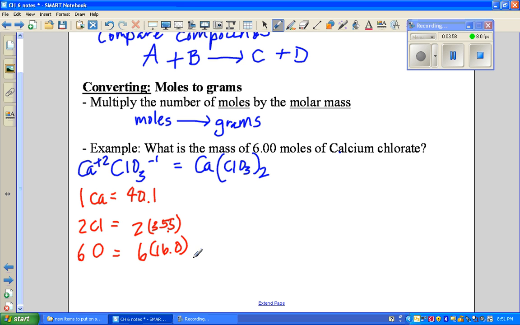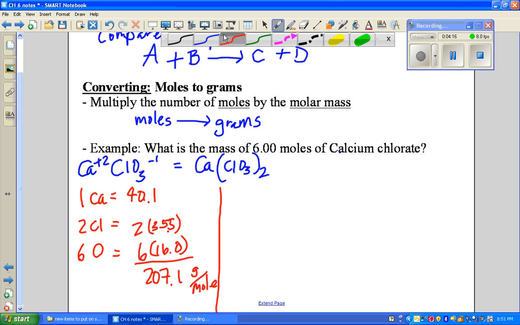I do the math and add all of these up, and my molar mass is always going to be to the tenth place. So this is 207.1 grams per mole. As we're going along, make sure that you are always verifying with your own calculator, keeping me honest and getting the same answers.